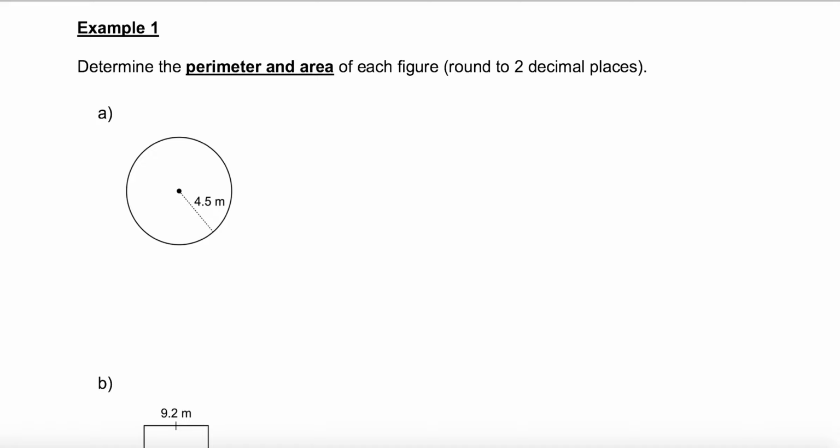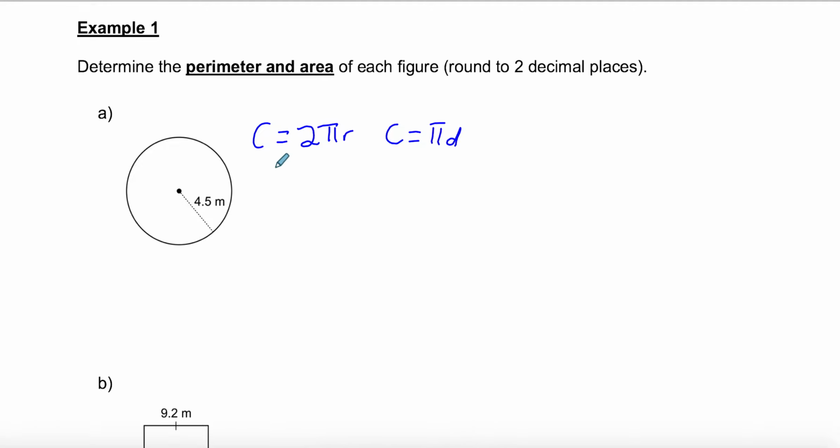Perimeter for a circle is called circumference. So we have a formula that is circumference equals either 2 pi r, or you might have another formula that is pi times d.